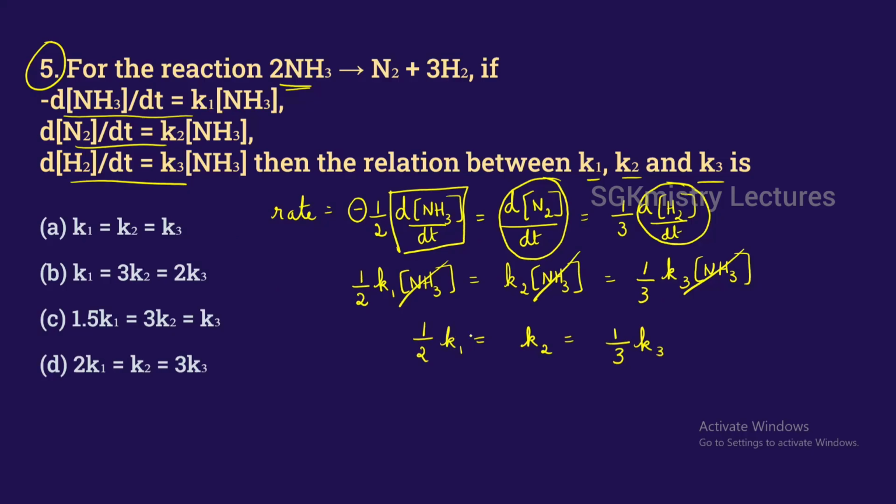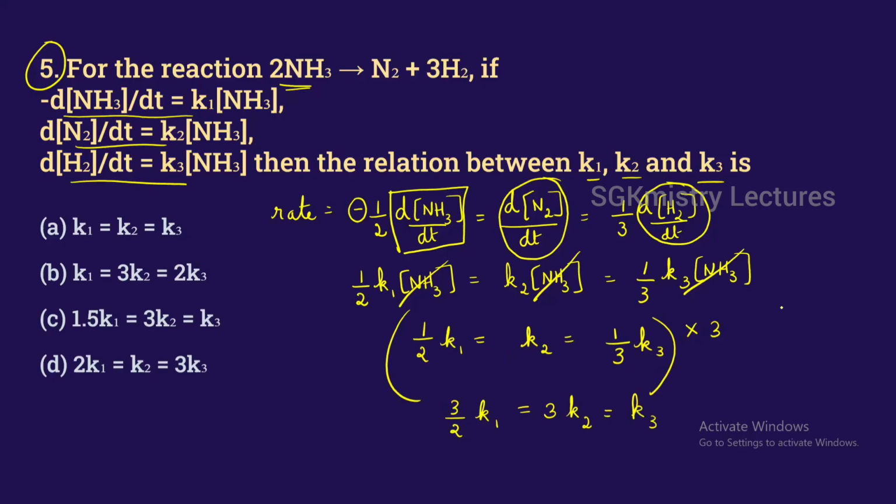Now here what you can do is, already see, there is nothing like fractions when you look into the options. So what you can do, let us try to make it whole numbers as much as possible. So suppose I multiply this by 3. So now I have 3 by 2 K1 is equal to 3K2 is equal to, 1 by 3 into 3 will give you 1, so K3.